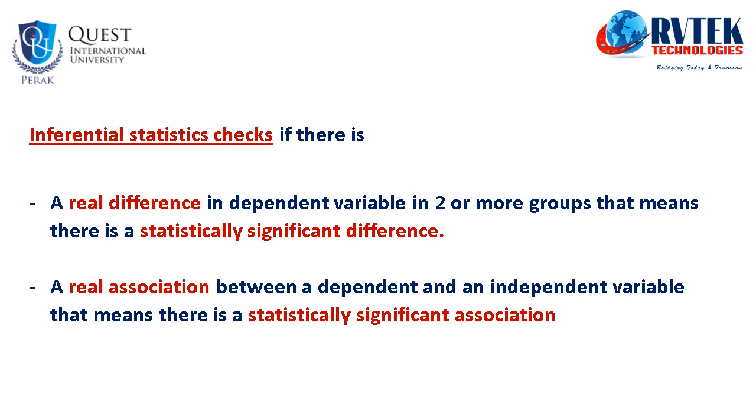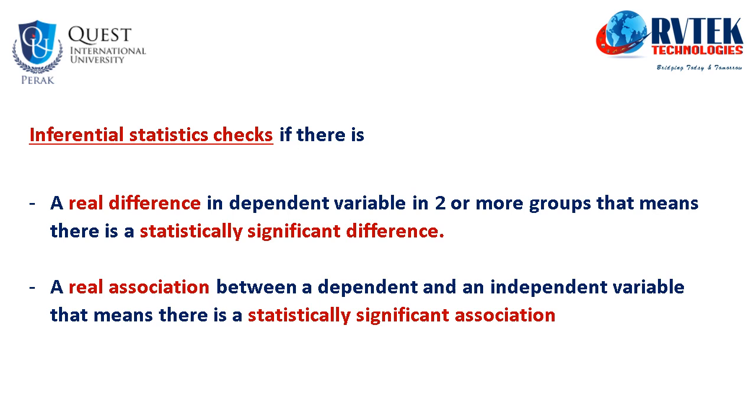Another one: if there is a real association between a dependent and independent variable, that means there is a statistically significant association. I will tell you one example. Smoking is leading to lung disease. So the dependent variable here will be lung disease and the independent variable will be smoking. We can apply inferential statistics to know if there is any statistically significant association between smoking and lung disease.